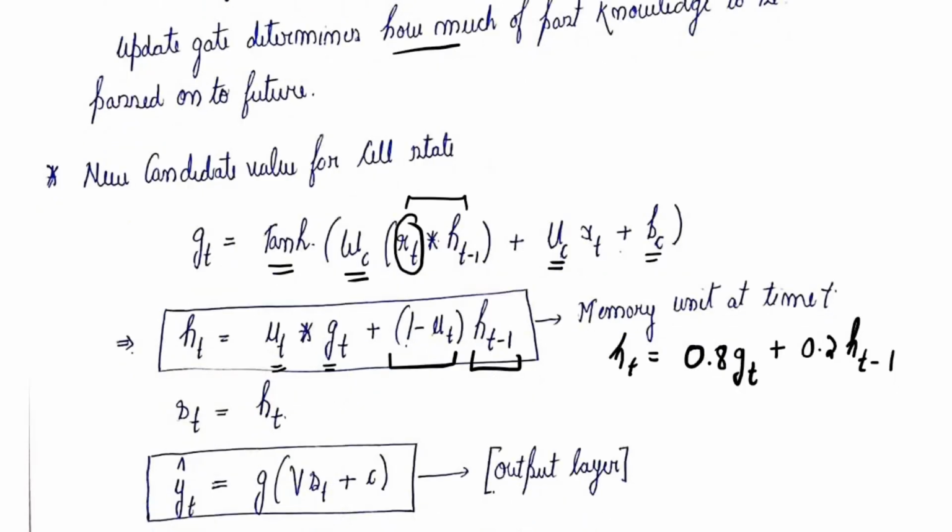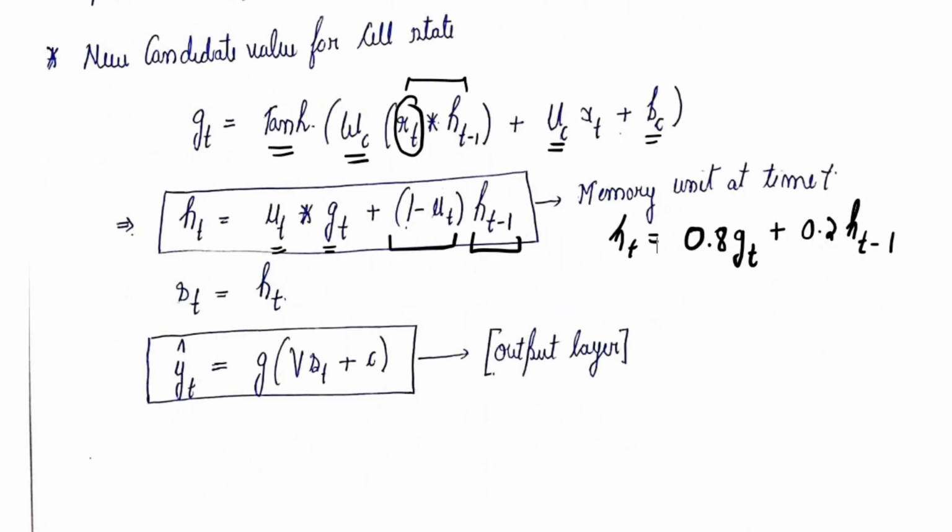It is going to be a vector v multiplied with st plus a bias c, and eventually we get the predicted values. The only difference being that the thin line of demarcation between st and ht is completely removed over here, and the cell state and hidden state both are similar in GRU, which was not the case when we were talking about LSTM.